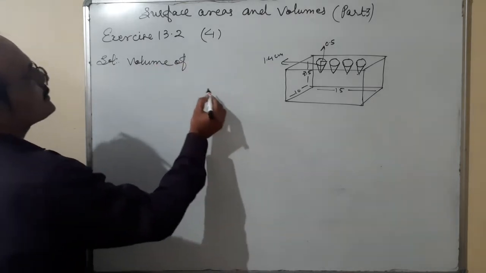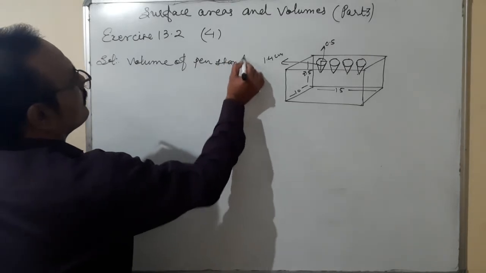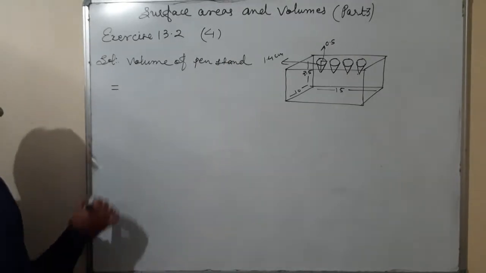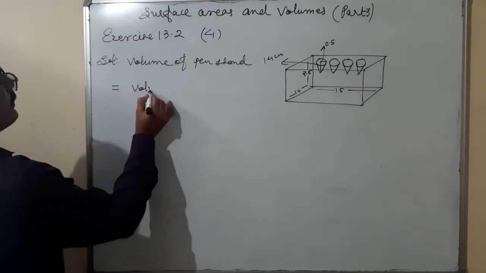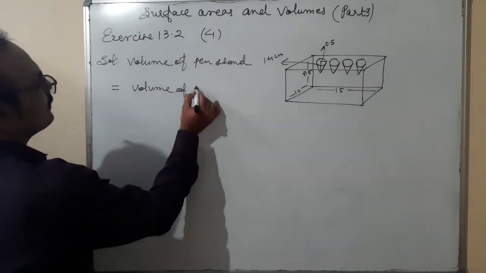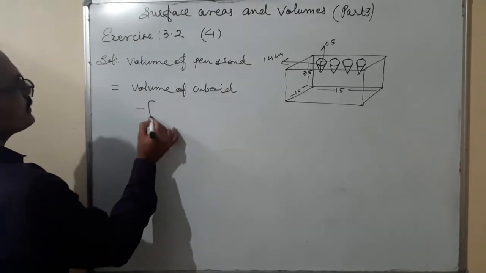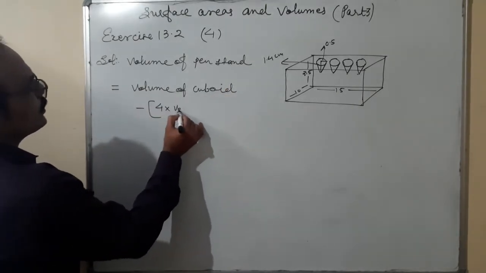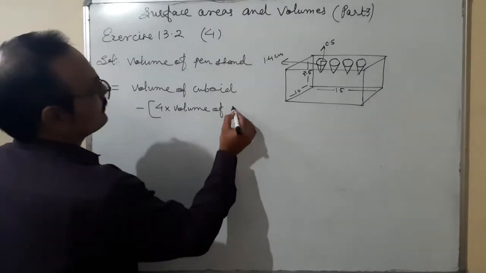Volume of pen stand is equal to volume of cuboid minus 4 multiplied by volume of a conical depression.